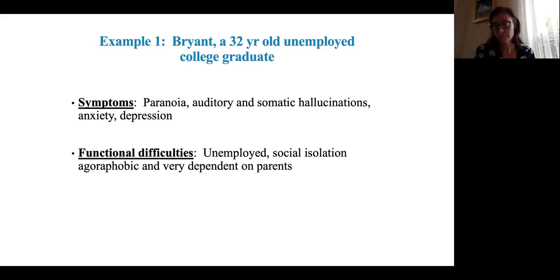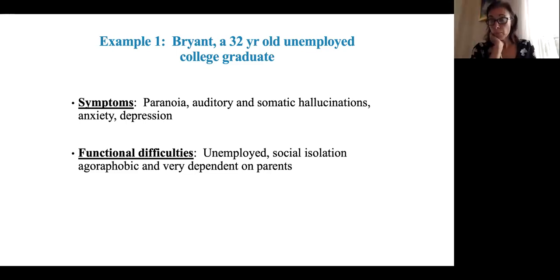Of course, it maybe isn't a hallucination, but the interpretation of it might actually be the part that makes us think that it's more on the psychotic spectrum side, because what he starts to believe is that the neighbor must be interfering with him using wireless technology and some sort of nanotechnology that's implanted in his head and is perhaps monitoring him and trying to kind of thwart him.